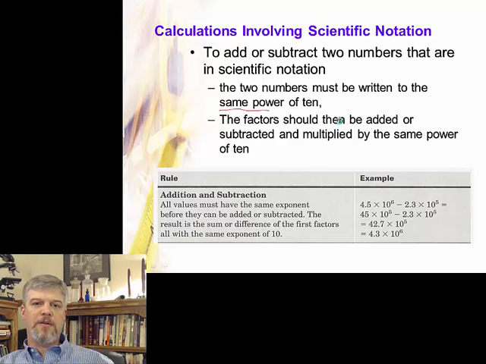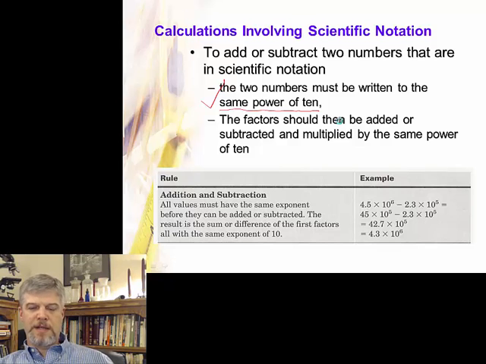And if they're not already in the same power of 10, you will have to adjust them until they are. Then, after you get that done, check mark, then the factors should be added or subtracted, those numbers in the front, and then multiplied by the same power of 10.